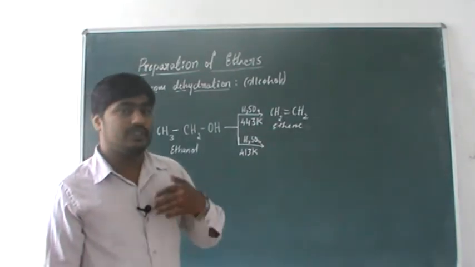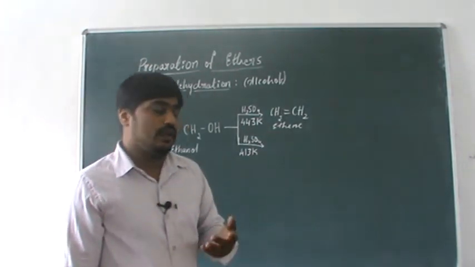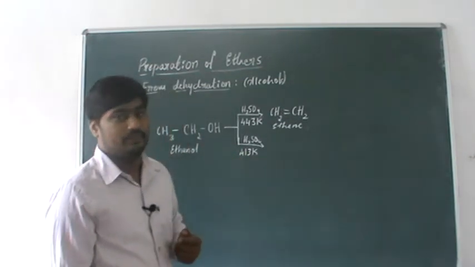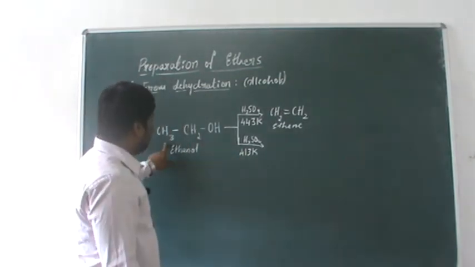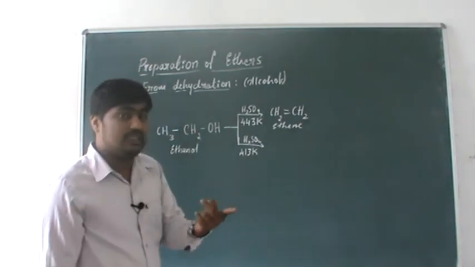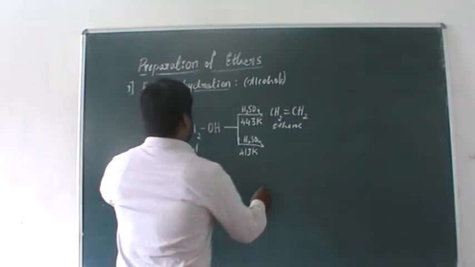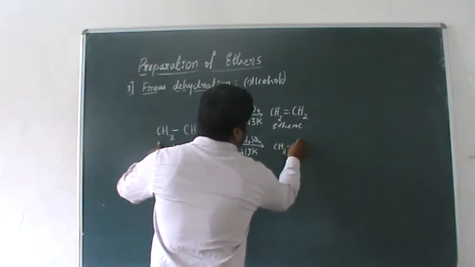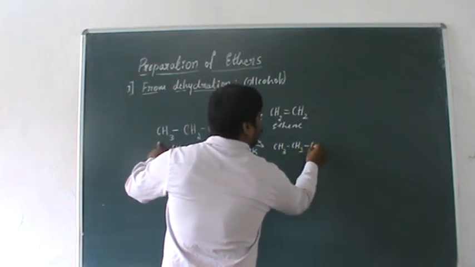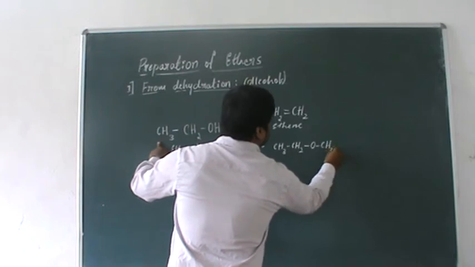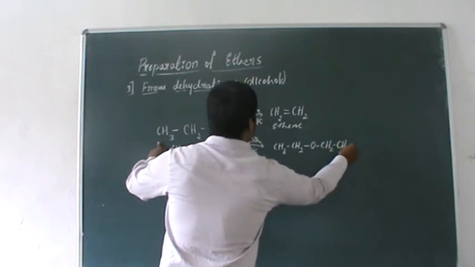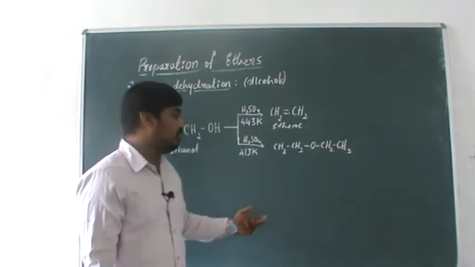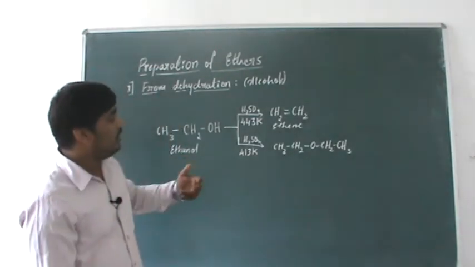Whenever we supply 413 Kelvin, then the ethanol produces ether. The ether is CH3CH2OCH2CH3, the corresponding dialkyl ether.